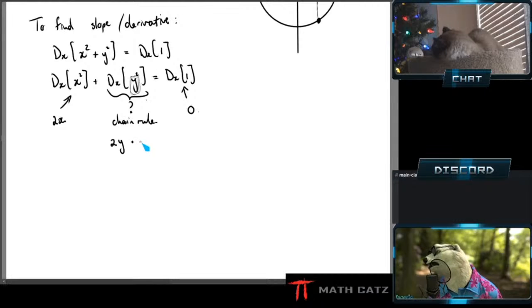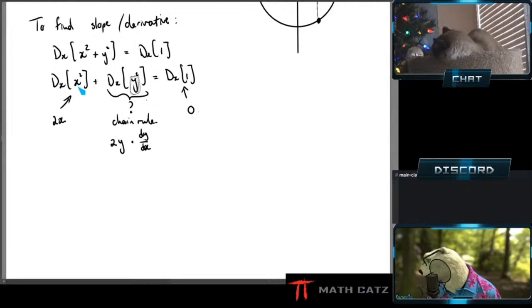Now the chain rule says, take the derivative of this inside function, which is just y, which I don't know, so I write it down because I'm trying to find it. Okay, so this is where people get a little tricky, a little confused. But there's a simple rule to remind you when it's the chain rule.